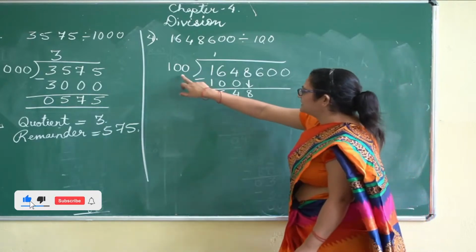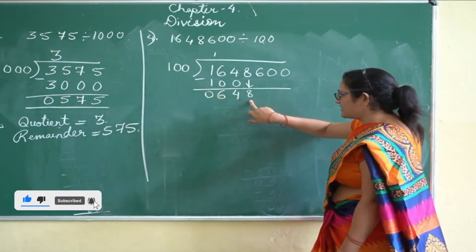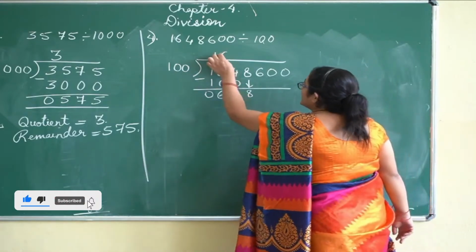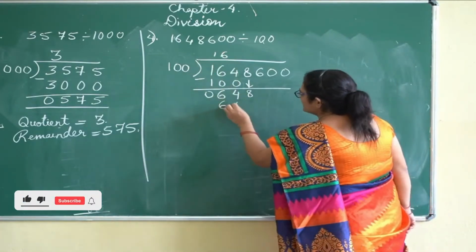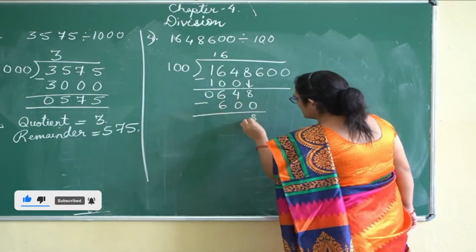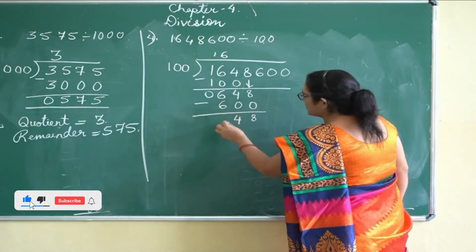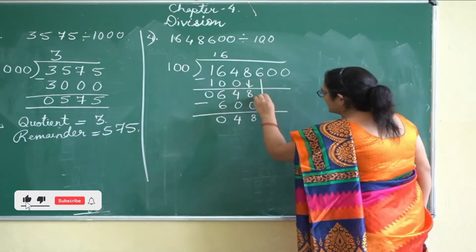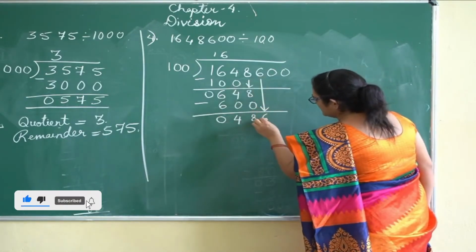In the table of 100, 648 doesn't come, but smaller than 648 is what? 600. 100 6s are 600. Minus: 8 minus 0 is 8, 4 minus 0 is 4, 6 minus 6 is 0. Next number, bring down, that is 6.